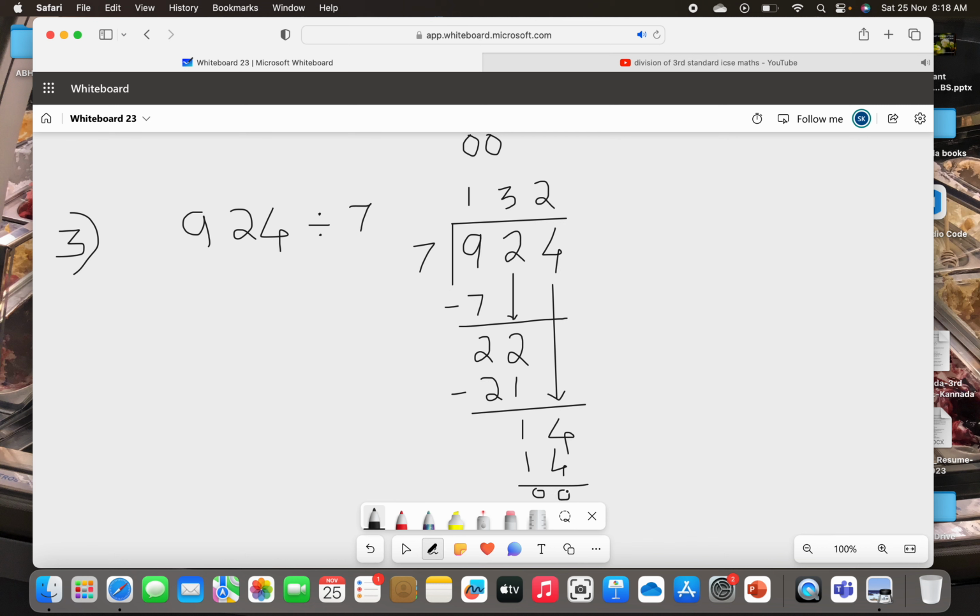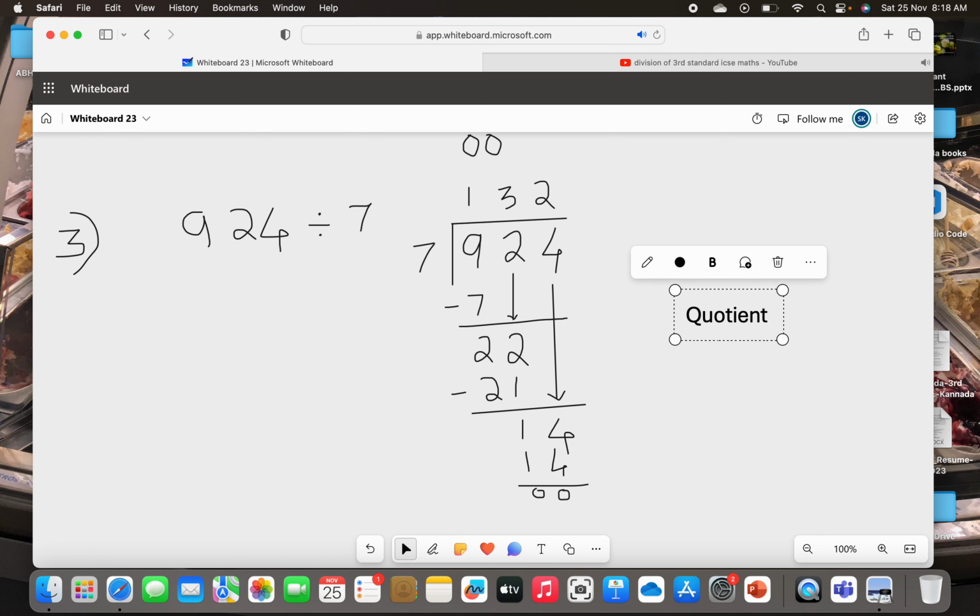Remainder is 0. So when you get 0, you stop the division. All right. What is the quotient, boys? Quotient is equal to 132.